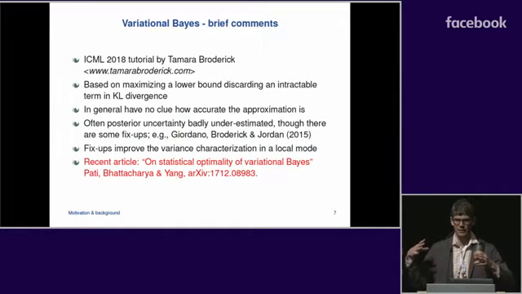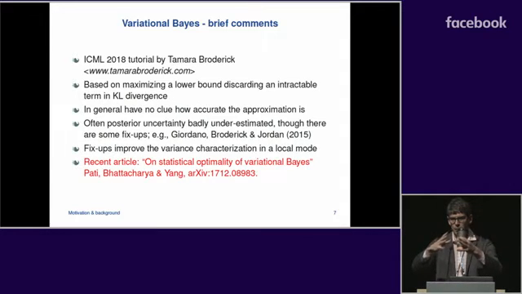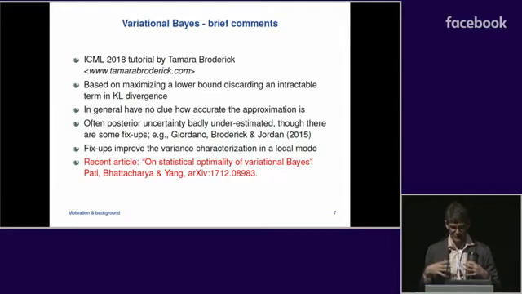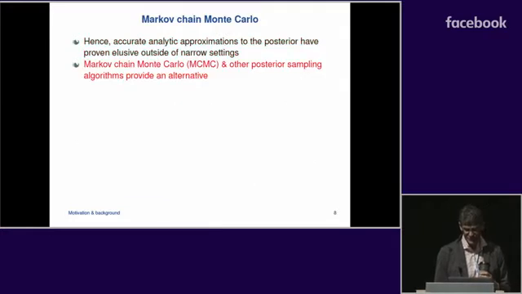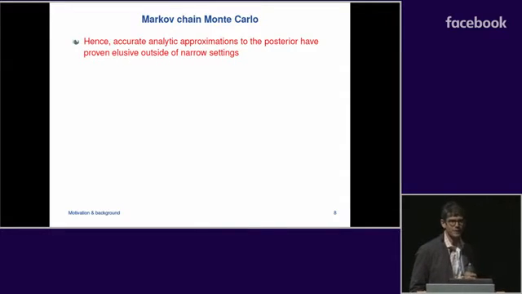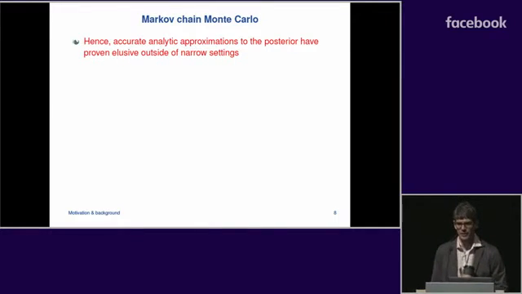They can show that the variational posterior will actually concentrate in a very optimal way, giving you a wonderful point estimate, but not showing that the variance is right. Actually, they find that the variance is often very wrong. Okay, so there's no theory on accuracy of UQ. And so for this reason, I'm going to spend most of the talk really on Markov chain Monte Carlo methods.